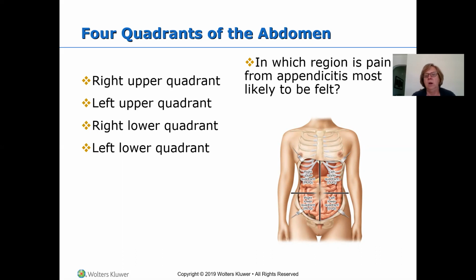So you have the right upper quadrant, the left upper quadrant, the right lower quadrant, and the left lower quadrant. It would be dividing the body along the midline of the center, like a transverse section, and everything above it would be the right and left upper quadrant, and everything below it would be the right and left lower quadrant.